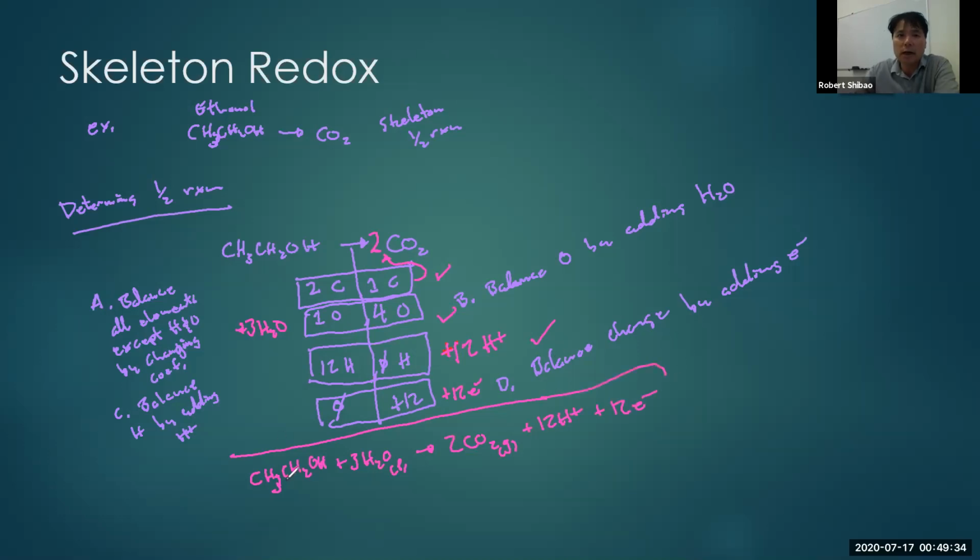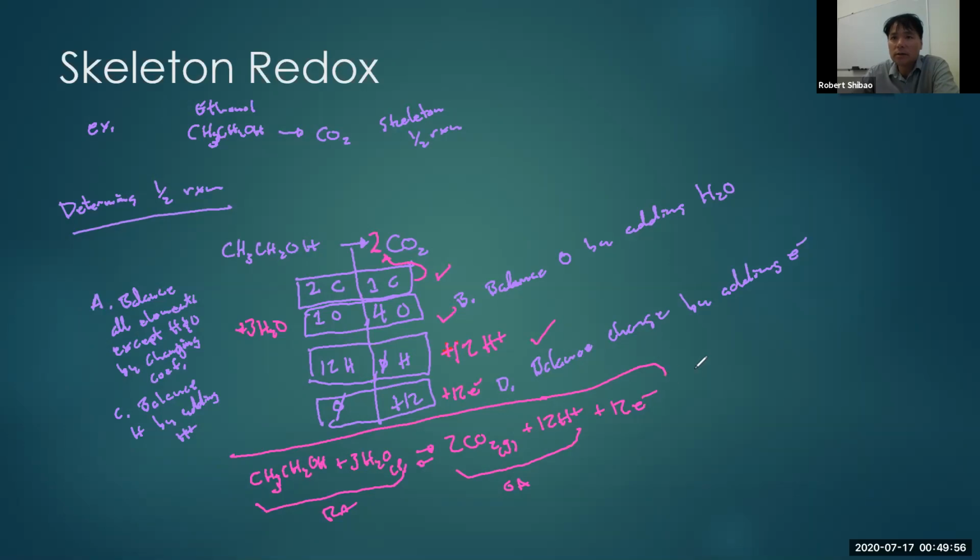So here, this is a reducing agent because it's losing electrons here. The conjugate oxidizing agent would be this. If we went backwards, this would be the oxidizing agent going backwards, gaining electrons here.